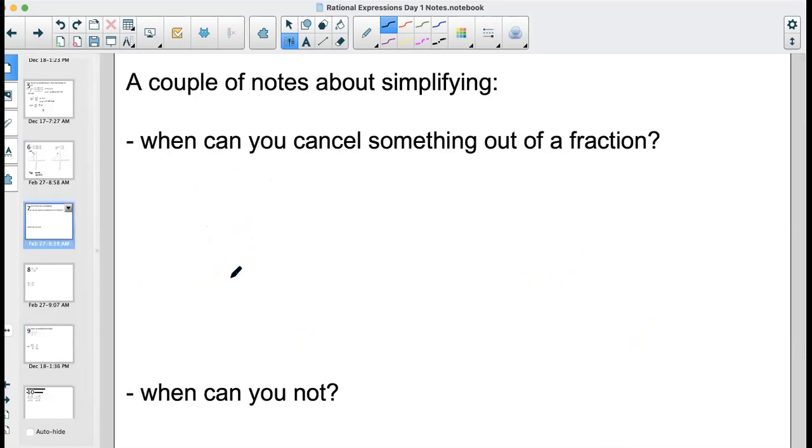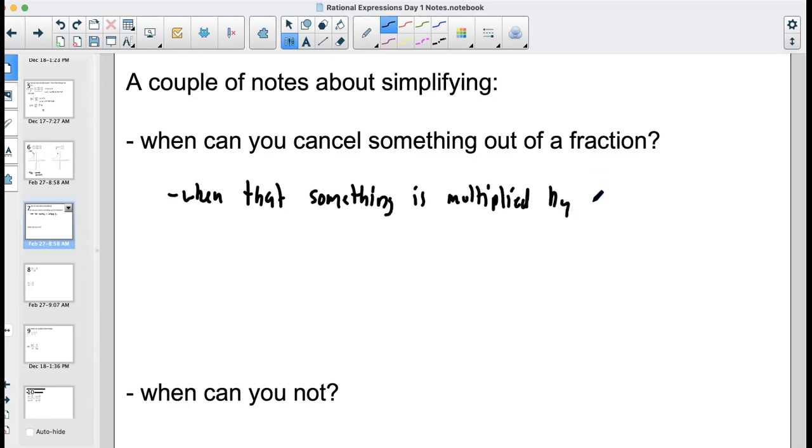So this is important, and then I'm going to stop this video. When can you cancel something out of a fraction? This is a super common mistake. You can do it when that particular something is multiplied by every term in the numerator and denominator of the fraction.